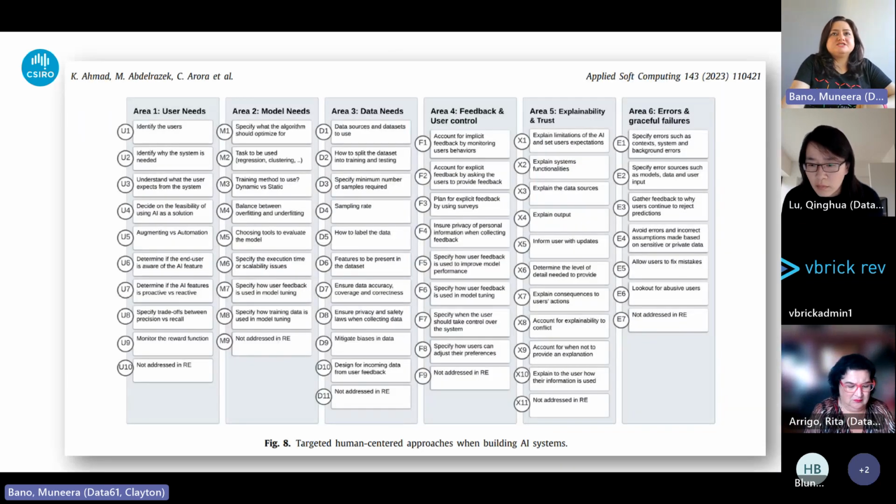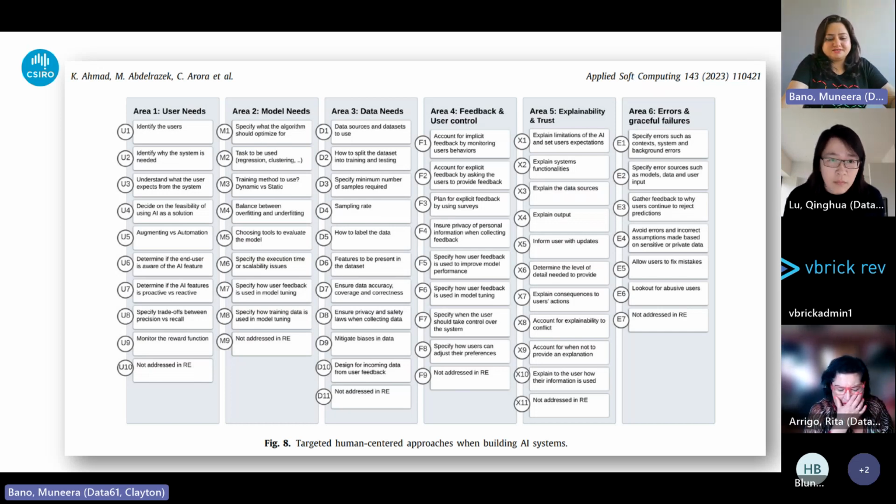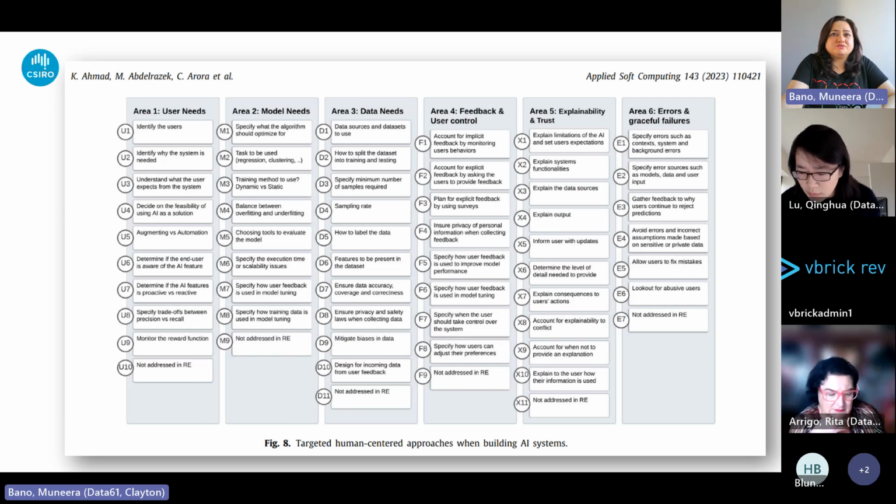Looking at some of the research that Khulud produced, we had evidence-based research to collect data to know what could be those new aspects for doing requirements engineering for AI systems. They were based on needs that are very specifically related to data and uncertainty. So there's a long list of further considerations that need to be taken into account when building AI systems, specifically from a human-centered approach, which you can see on the slide.